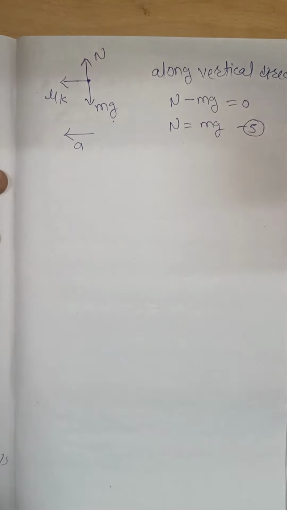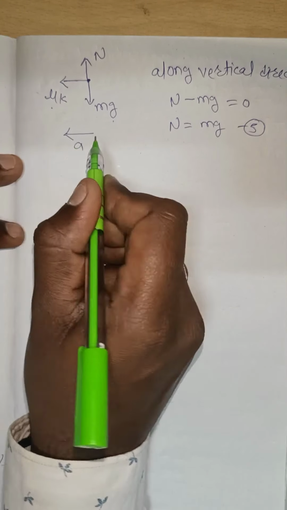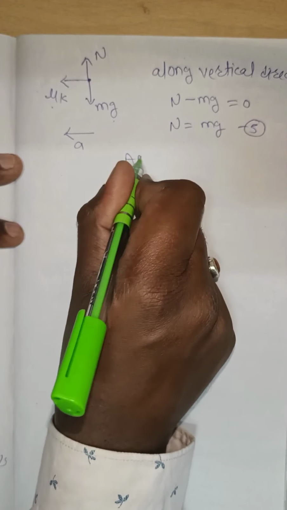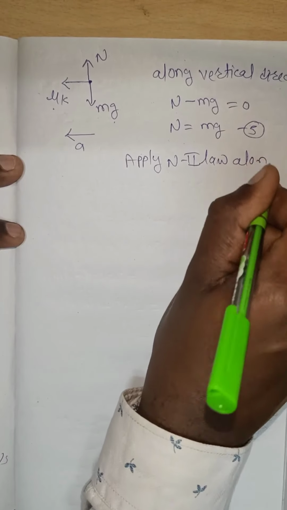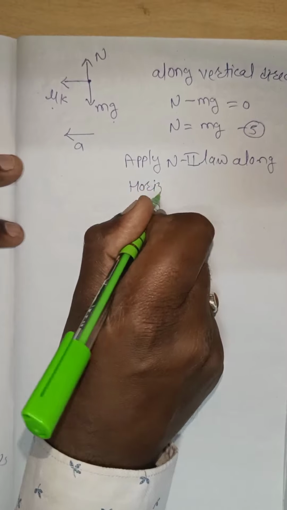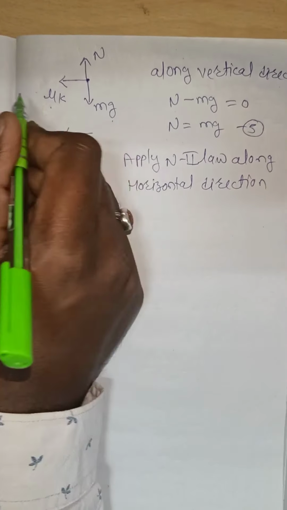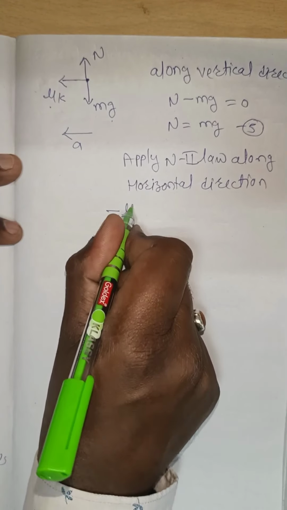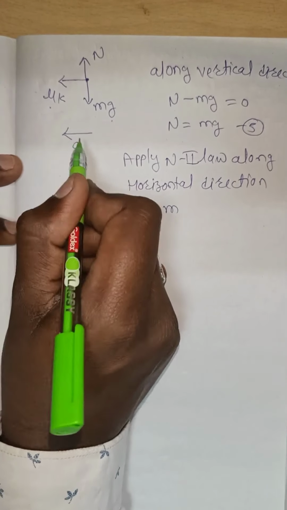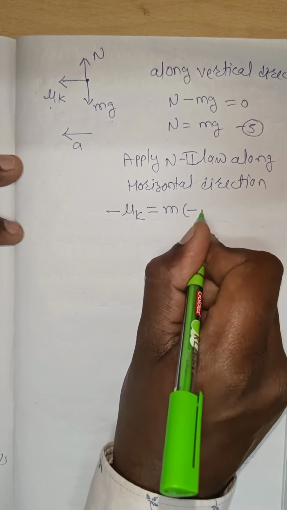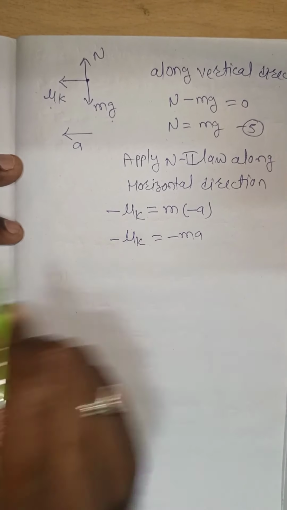Now along the horizontal direction, only kinetic friction is present. Therefore, apply Newton's second law along the horizontal direction. This friction is in the opposite direction, and the acceleration is also in the negative direction. Therefore, minus mu k N equals minus ma.